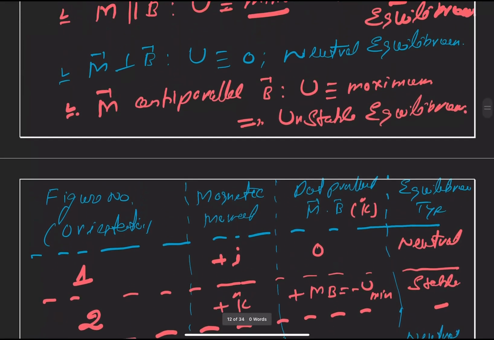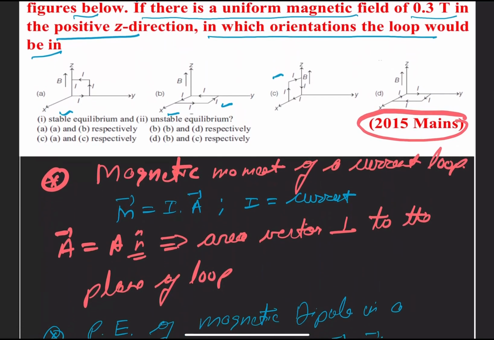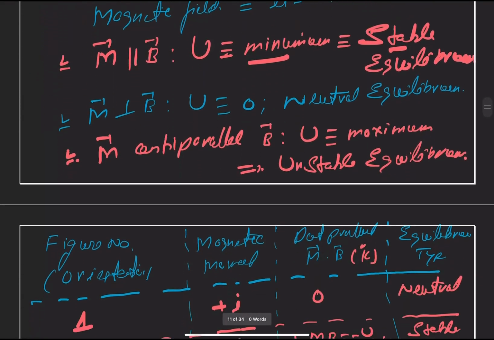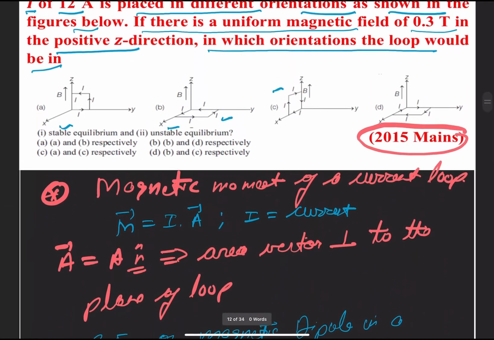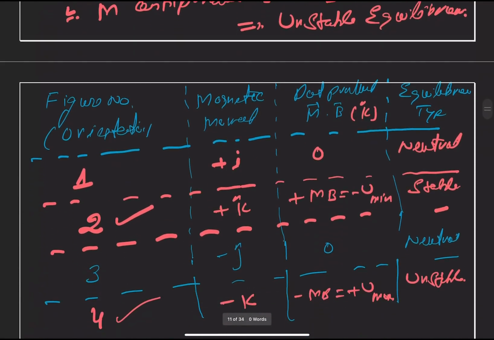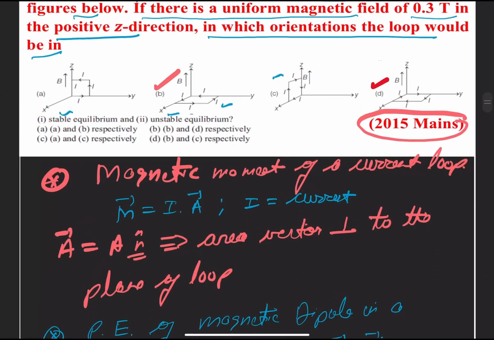So we are supposed to find only the stable equilibrium and unstable equilibrium. For stable, option number 2 is stable, and option number 4 is unstable. So 2 is stable, so option B is the correct one. And option 4, meaning D, is unstable.